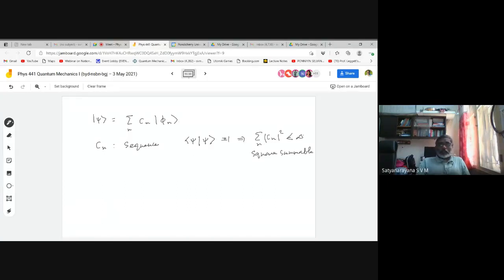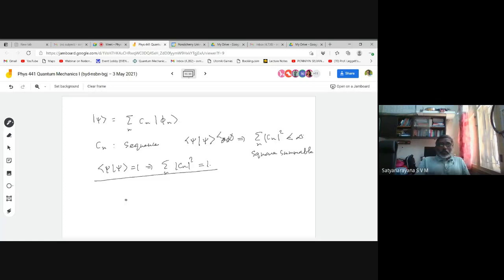So if I want the norm of psi to be equal to 1, this implies the sum of |Cn|^2 should be equal to 1. This is possible only if it is square summable.